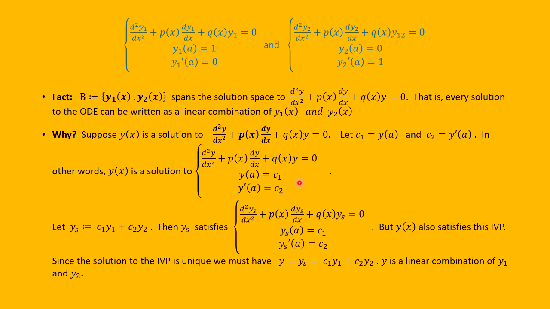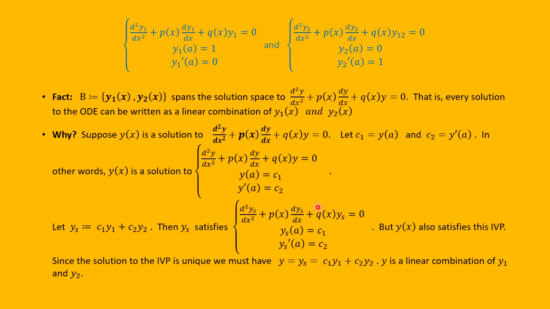But wait a minute. Suppose I look at another function, which I'm going to call y sub s, and let it be c1 y1 plus c2 y2. Then y sub s satisfies this same initial value problem that y did up here. This is a linear combination of y1 and y2, which are solutions to the differential equation that we have up here.